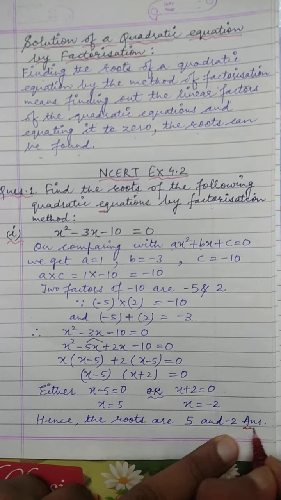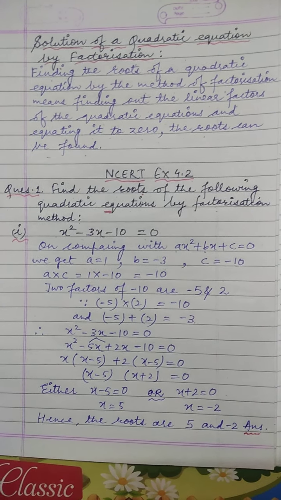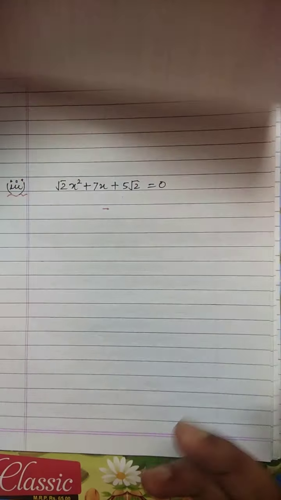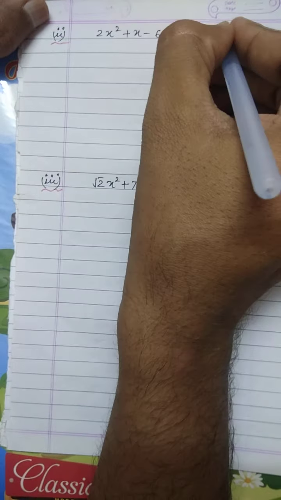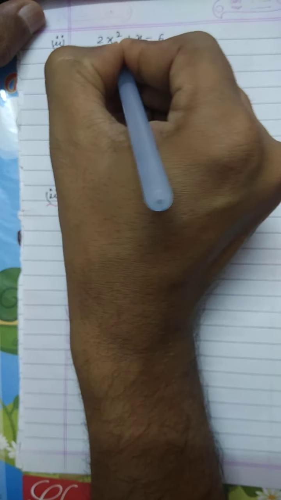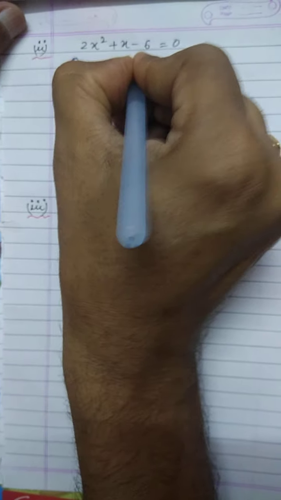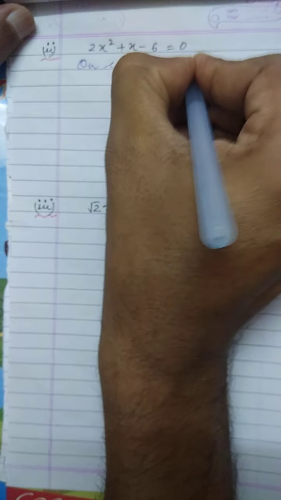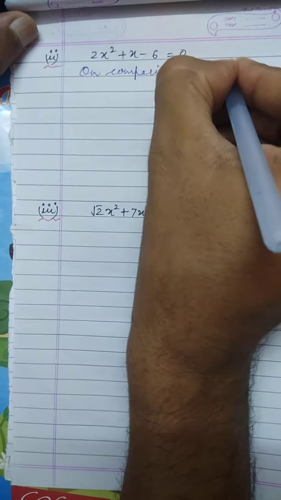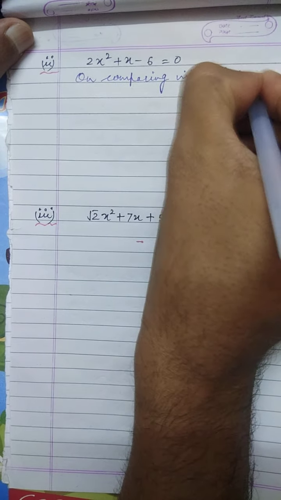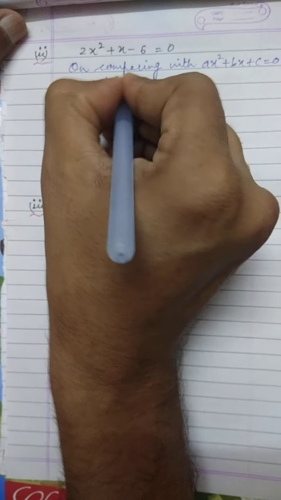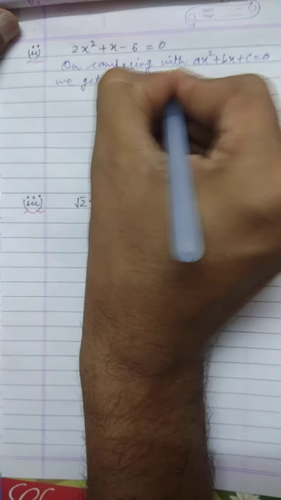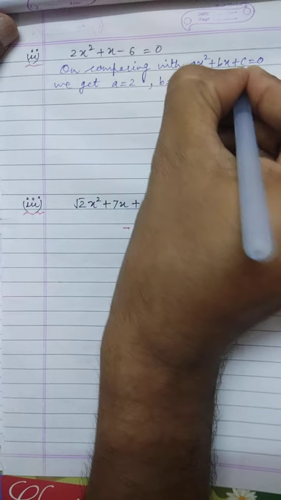Hope you understand it. Now moving further to the second part of the same exercise. Again, on comparing with the general form of quadratic equation, that is ax square plus bx plus c is equal to 0, we get a is equal to 2, b is equal to 1, c is equal to minus 6.